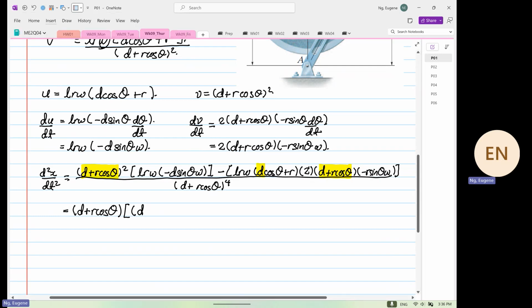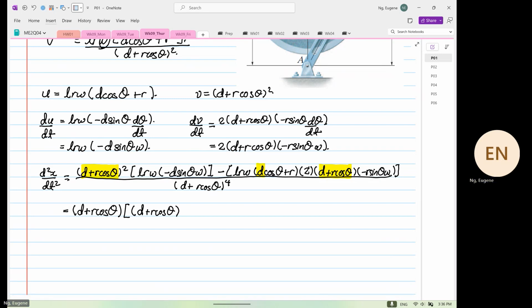We factor it out. We have d plus r cos theta, and then we multiply by L r omega minus d sine theta omega, close bracket, then minus L r omega, d cos theta plus r, we still have the 2, and we have minus r sine theta omega.